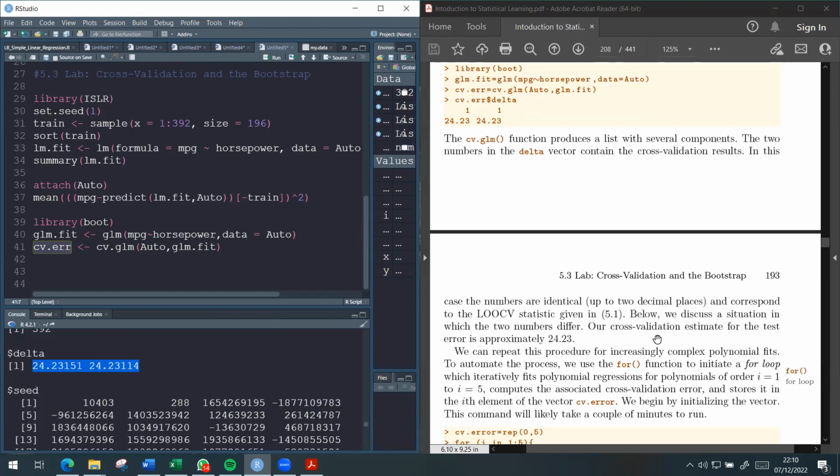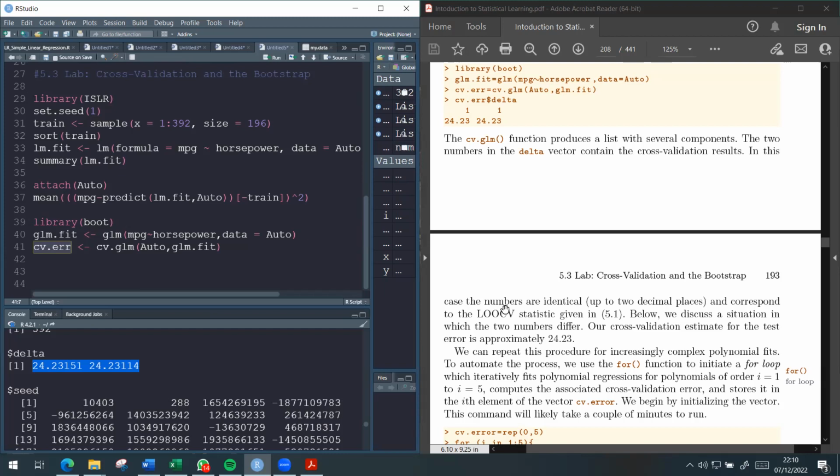Remember, this is what we had done manually. We had actually told R to exclude the first observation, do the fit, actual versus expected. Exclude the second observation, do the fit, actual versus expected on the second observation.